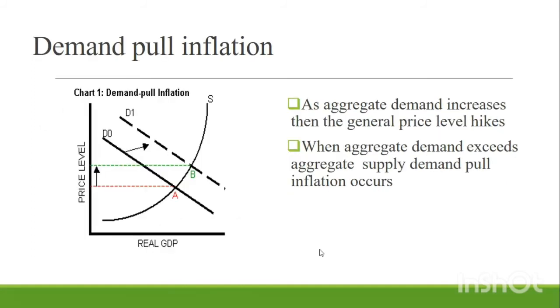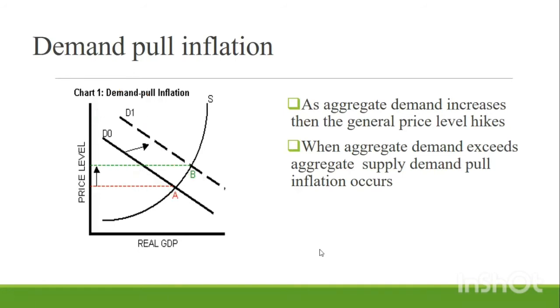The second type of inflation is the demand pull inflation. Now we explain the demand pull inflation with the help of a diagram. In this diagram, the price level is on the y-axis and the real GDP is on the x-axis. The upward sloping curve is the supply curve, and the downward sloping curve is the demand curve.